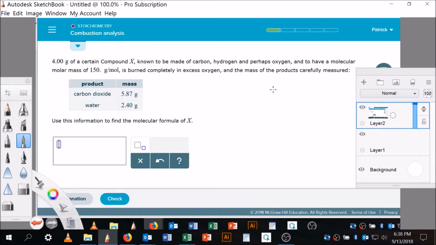All right, let's do the same thing. Now, don't forget the two principles that we're assuming. CxHyOz plus O2 is going to give me x carbon dioxide plus y waters, right? That's the one.